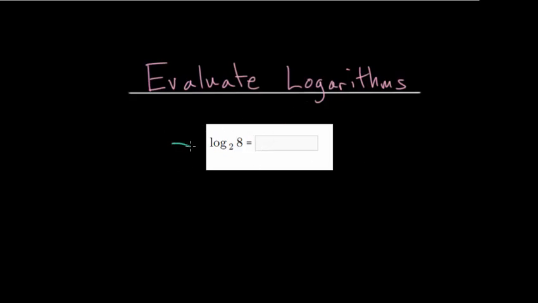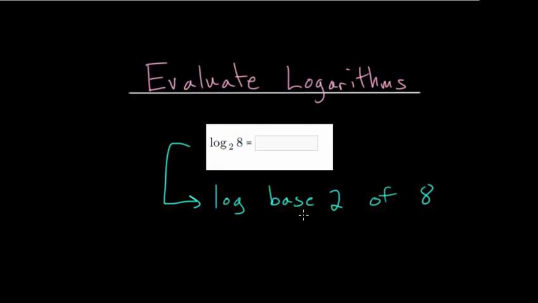And for starters, you want to figure out a way to just say this. The typical way that people say this is that it's log base 2 of 8. So our base is 2, and we'll say of 8.